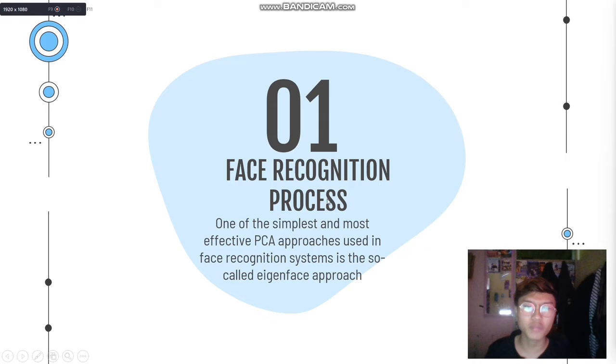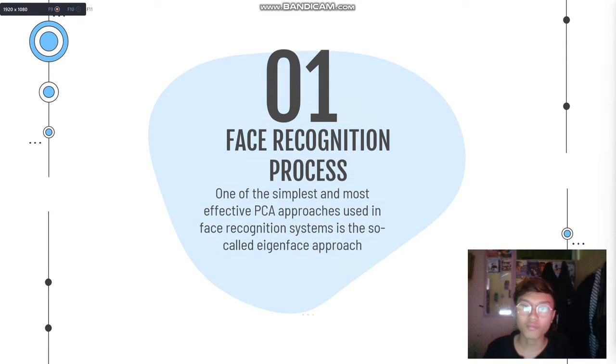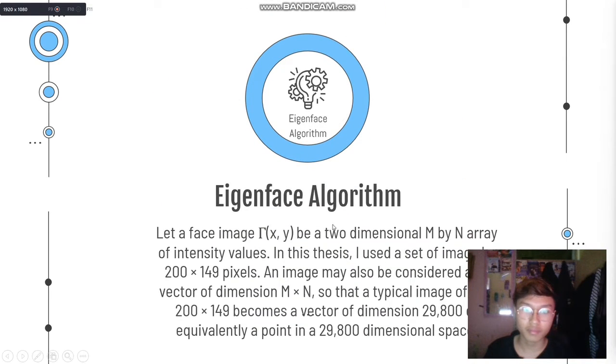one, face recognition process. One of the simplest and most effective PCA approaches used in face recognition systems is the so-called eigenface approach. Next, the eigenface algorithm. Let a face image I(x, y) be a two-dimensional M by N array of intensity values.